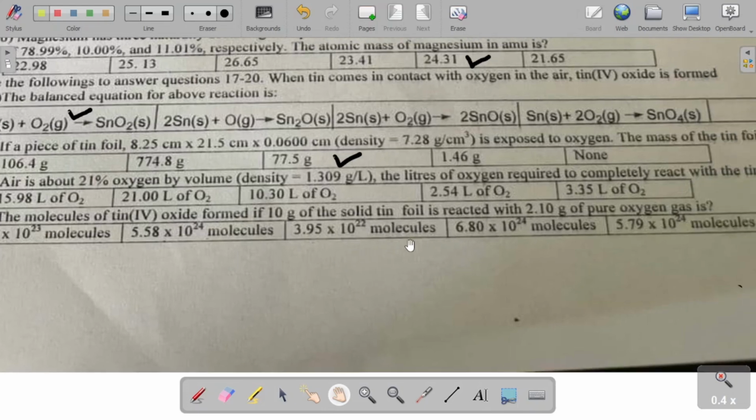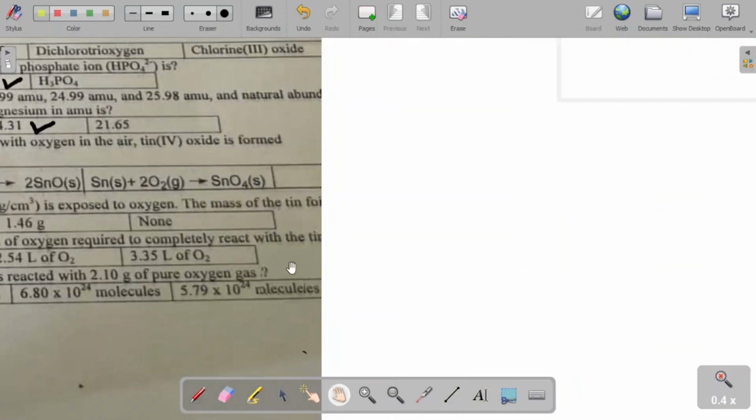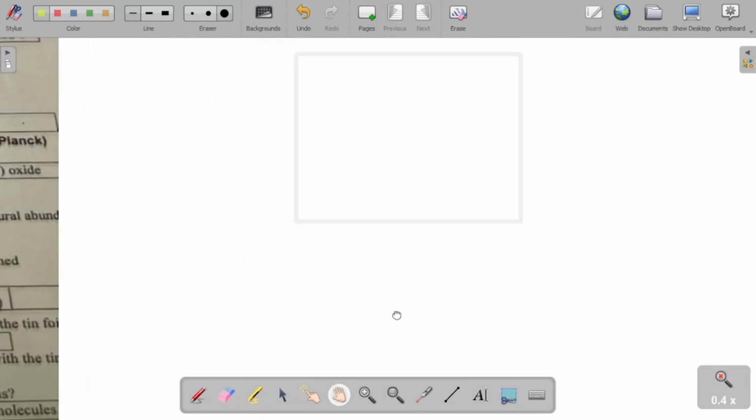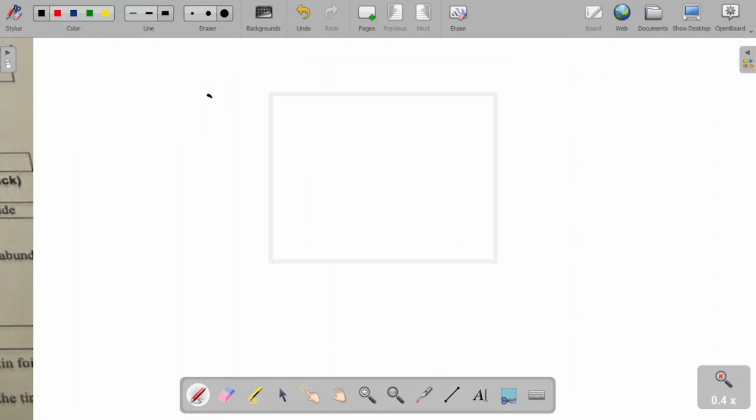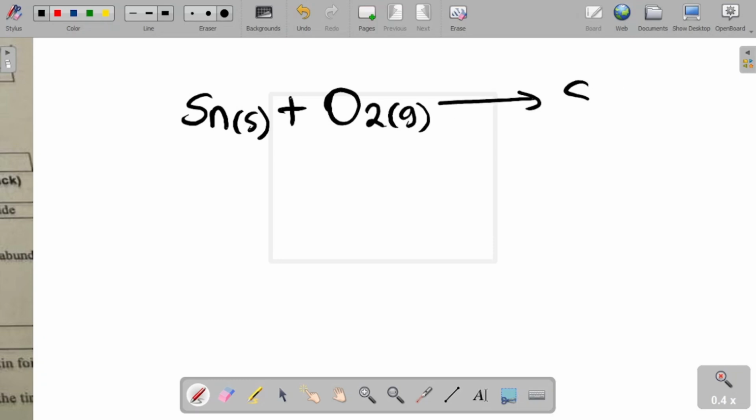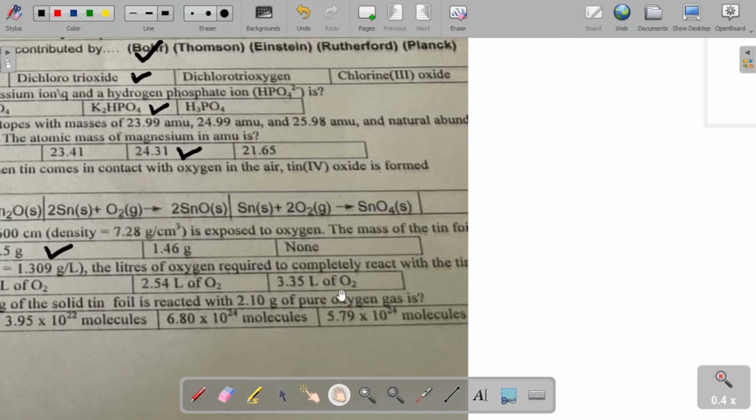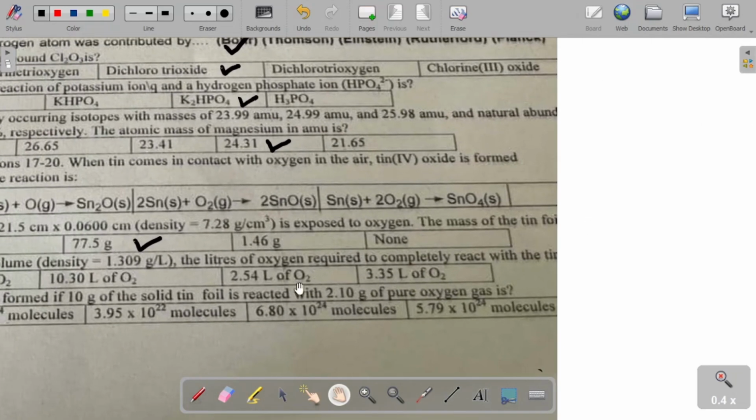Our first task is to get the equation of the reaction, which is simply tin, Sn solid, reacting with oxygen, O2 gas, to give you tin(IV) oxide, SnO2, also a solid.